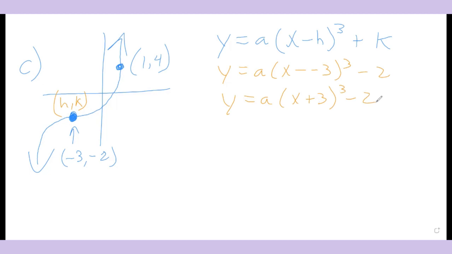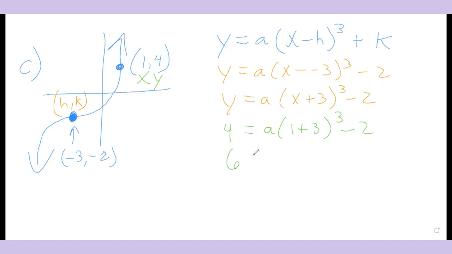And then your randomly given point goes in for X and Y. So we have 4 equals A, 1 plus 3 cubed minus 2. Now why don't you add 2 to the 4 on the left, and that'll bump it up to a 6, right?